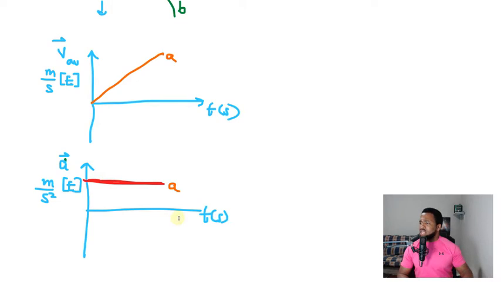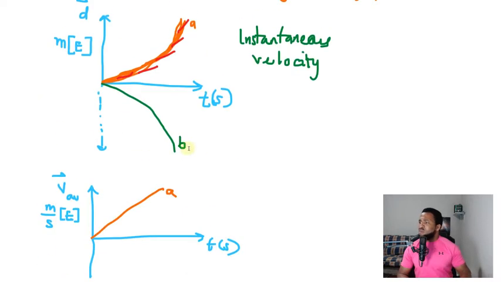Now how about B? Let's analyze B. What we see for B is that when you take the instantaneous velocity, the slope is going steeper, but it is negative.